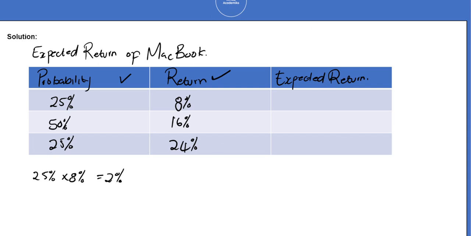If there's anyone, you can just open the mic and say so. If we all understand, then we move. Anyway, this 2% is just going to come here. Okay, so I'm assuming everyone is on track. Then the next one will say 50% times 16%.